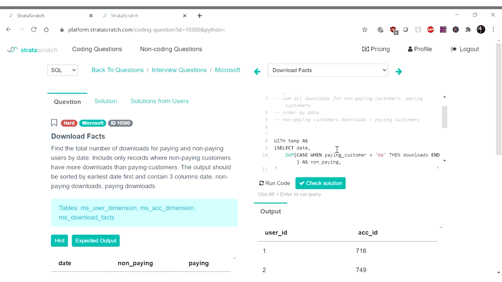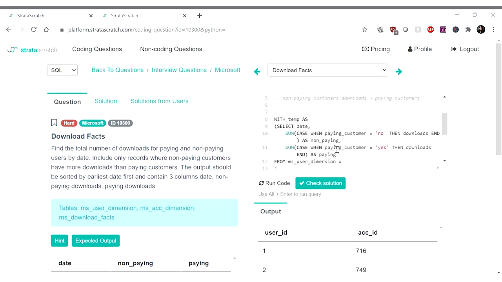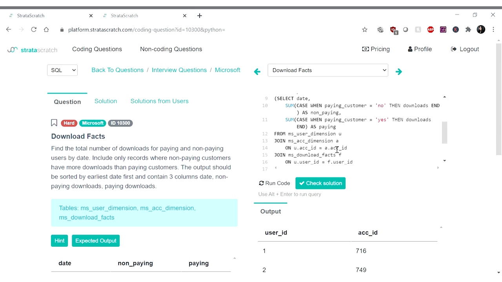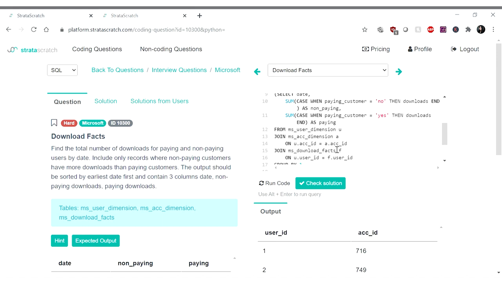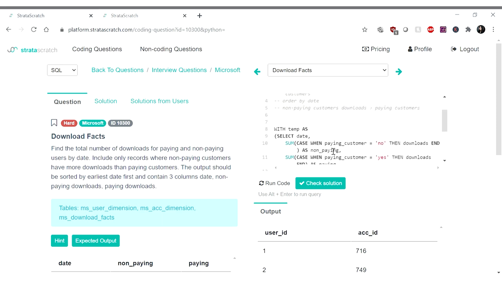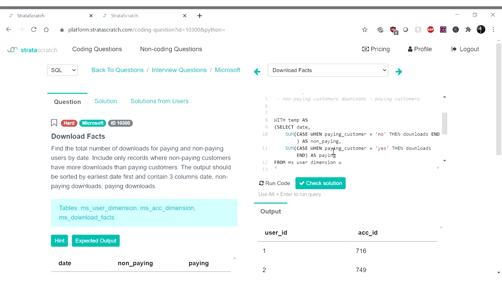Let's see. From MS user dimension. Okay, we're joining these together. That looks fine. Okay, group by, order by, temp as.